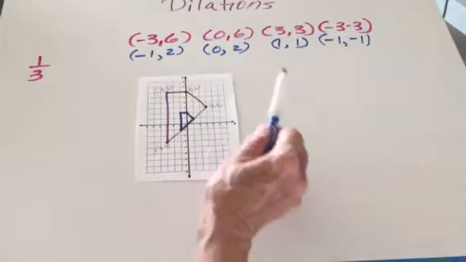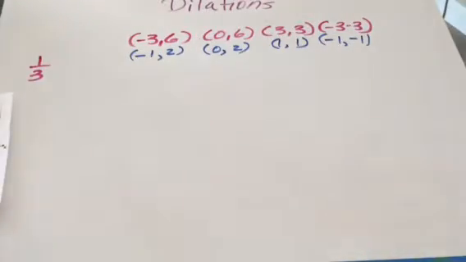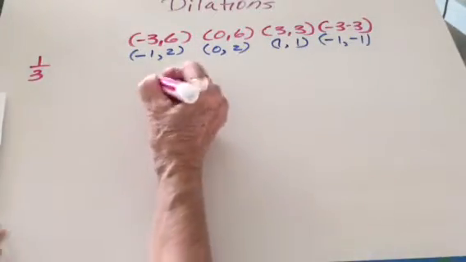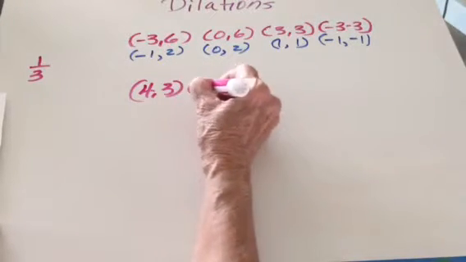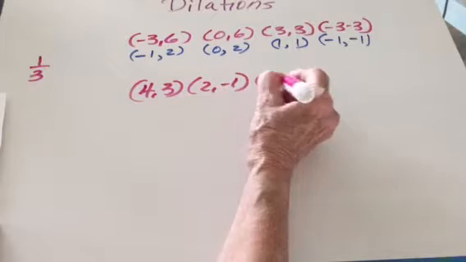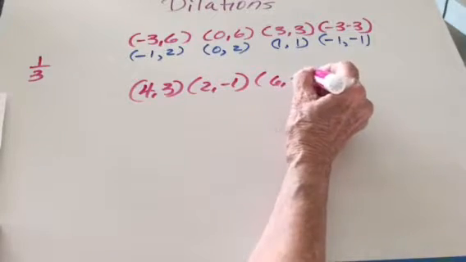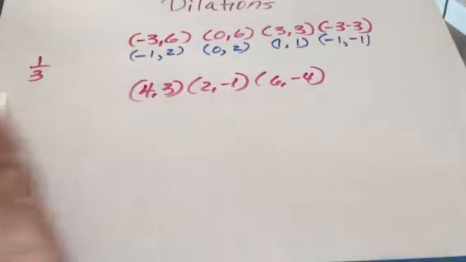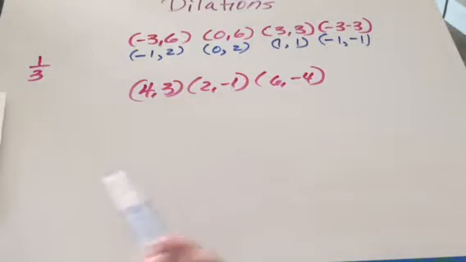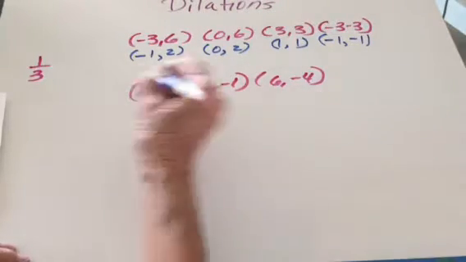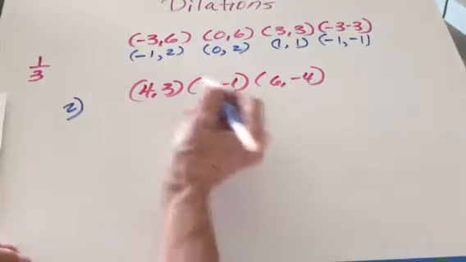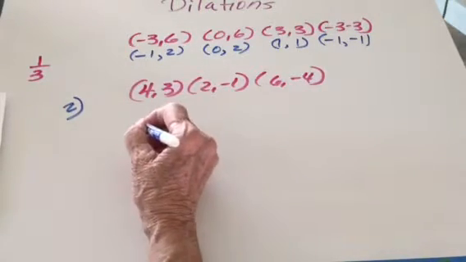If they ask you to enlarge it, if you have these points, watch. 4, 3, 2, -1, 6, -4. Let's say they want you to take that shape. I'm not going to graph it right now, but they want you to enlarge that by a scale factor of 2. Do you know what you're going to do?